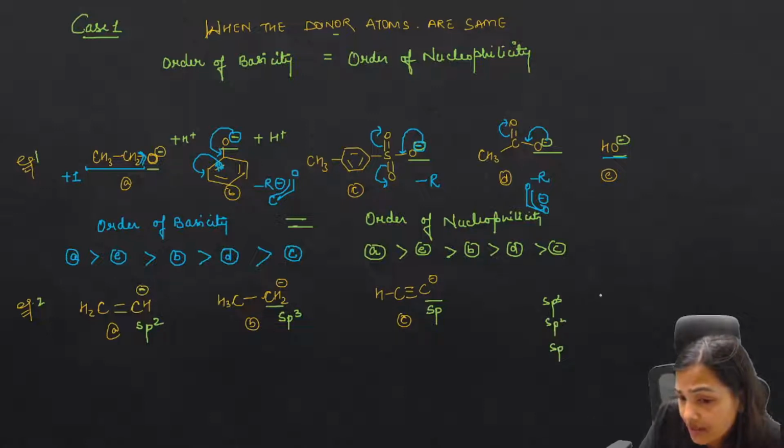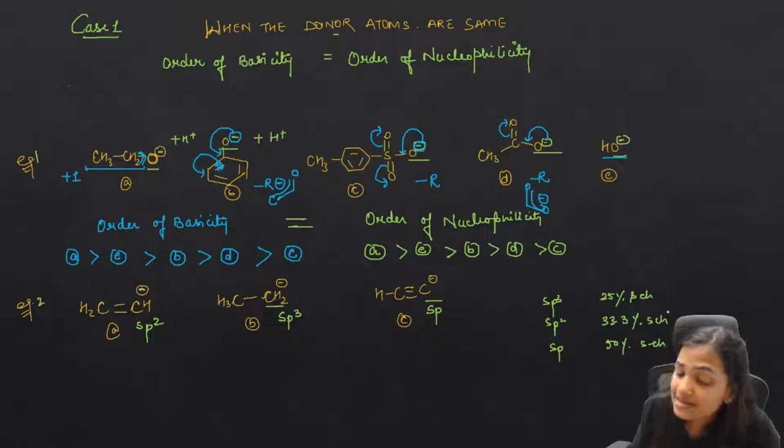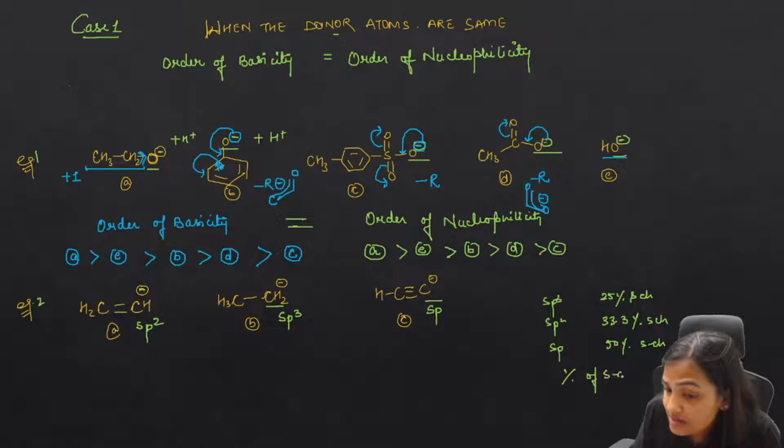So here we are having 25% S character, here we are having 33.33% S character, and here we are having 50% S character. So what we notice, as the percentage of S character increases, the electronegativity increases. Do you know about it?